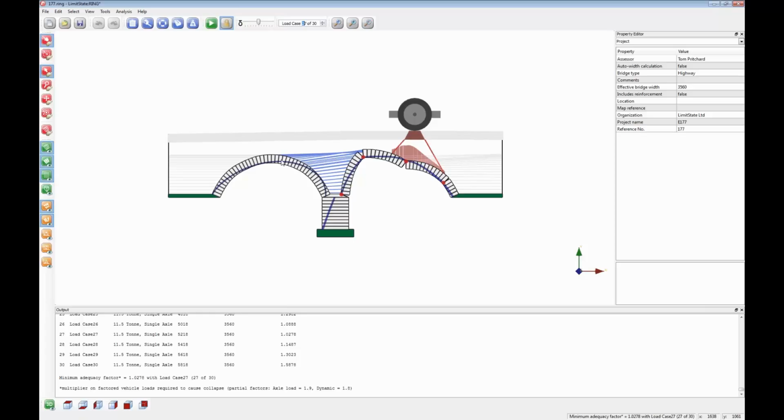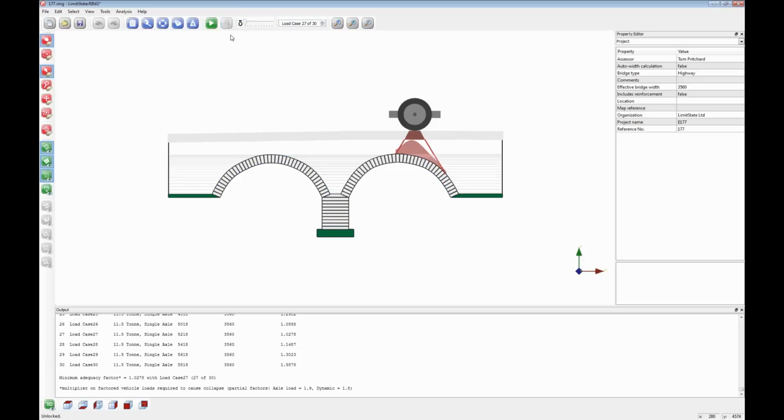And actually it's indicating that the critical load case is load case 27 when the axle is near the right hand side of the structure. So that's an easier way of finding the critical load case.